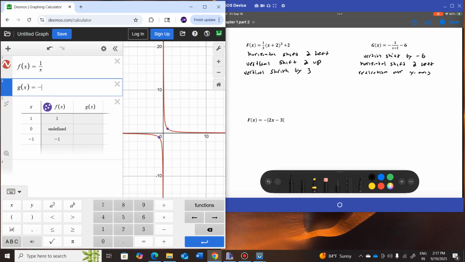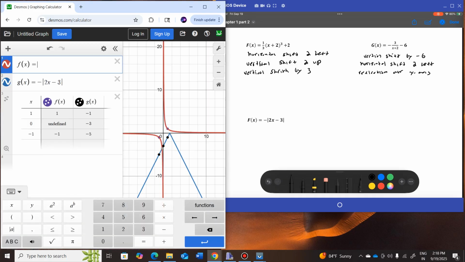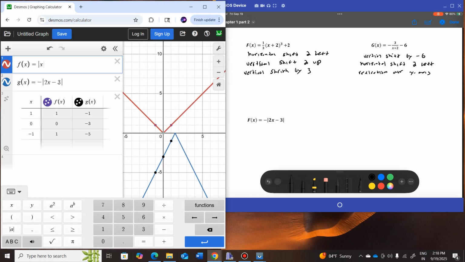Okay. And the last one, absolute value of 2x minus 3. And so we see it's shifted to the right, but notice it's not shifted 3 to the right.